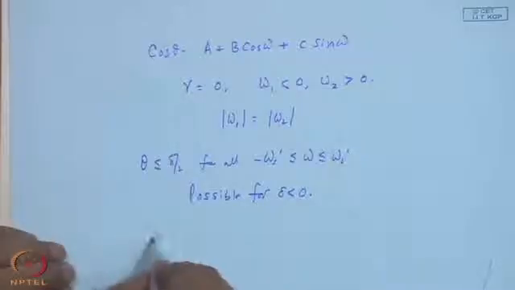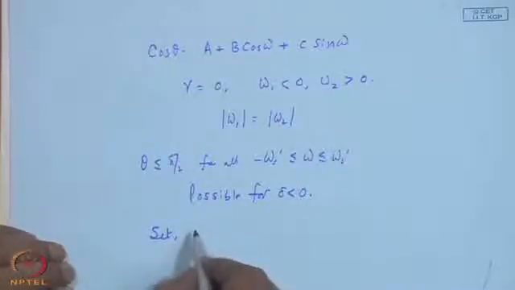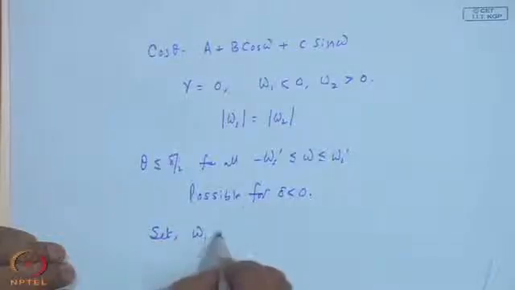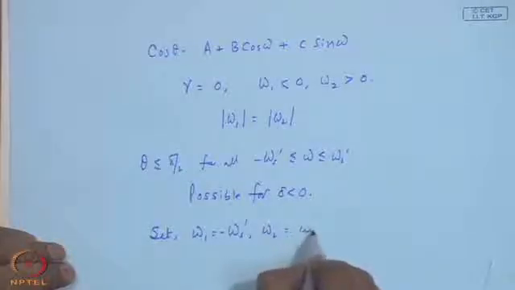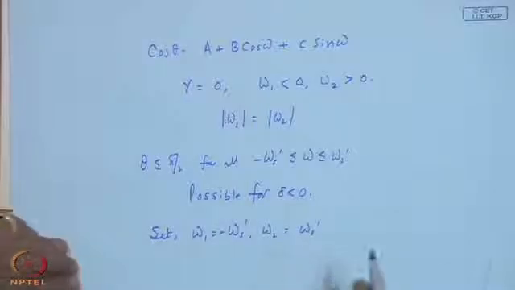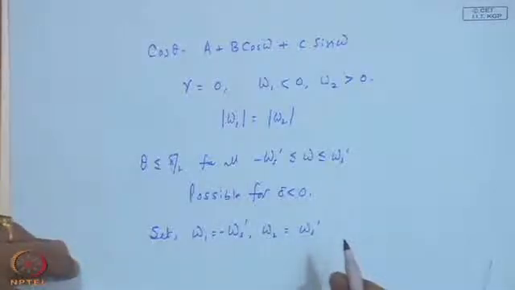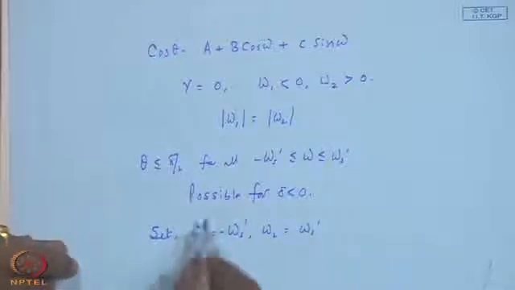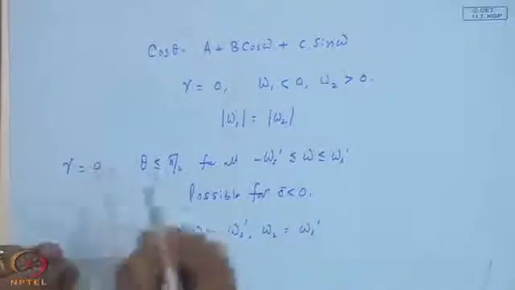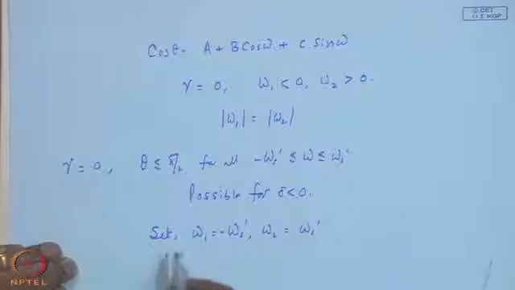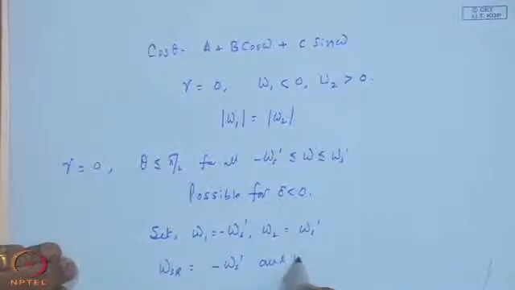Then you set omega 1 equal to minus omega s dashed and omega 2 equal to omega s dashed. So, only your middle integral remains, the other two automatically become 0. Here, because gamma is equal to 0, your omega s r will be minus omega s dashed and omega s s will be omega s dashed.